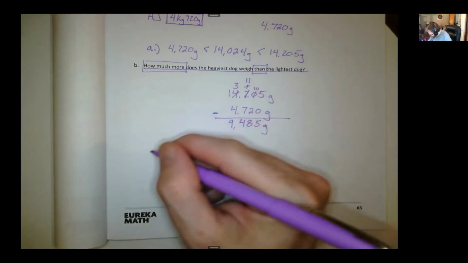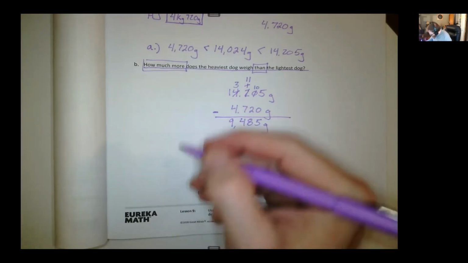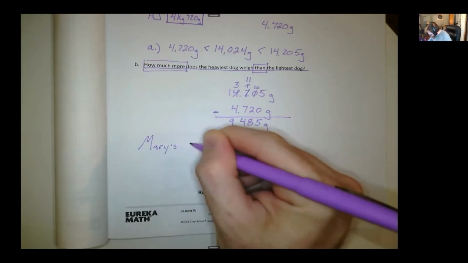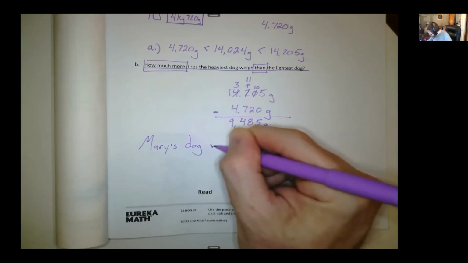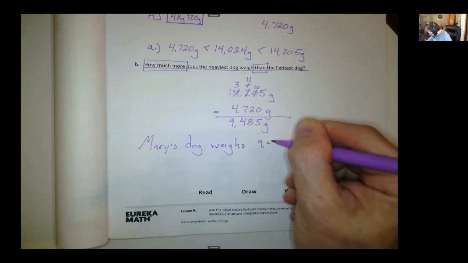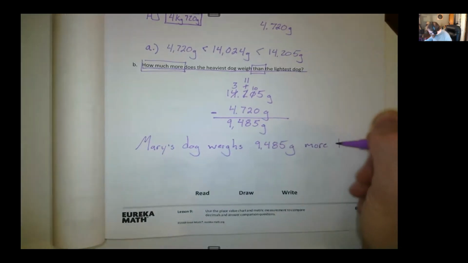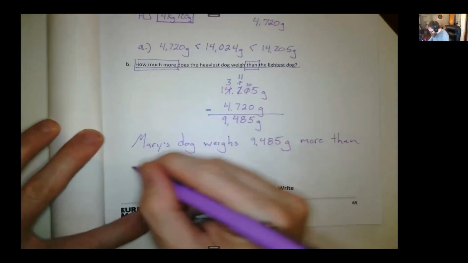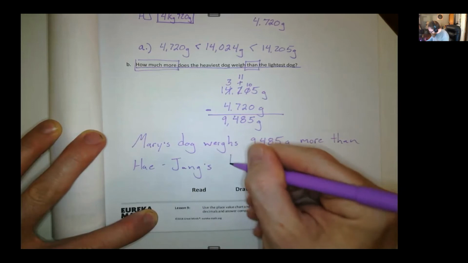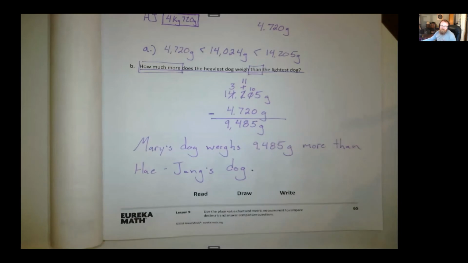You could write that Mary's dog weighs 9,485 grams more than Hei Jung's dog. Complete sentence. Make sure your problem looks like mine.